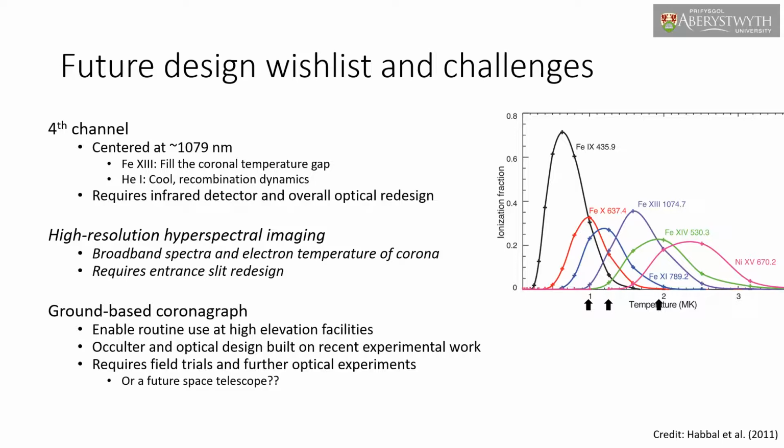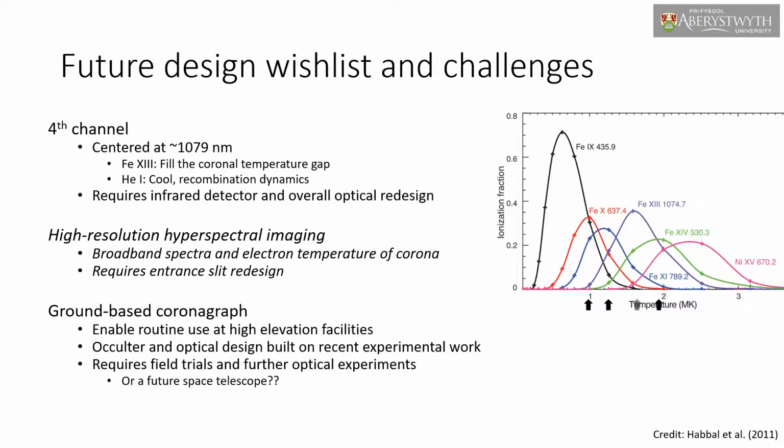There needs to be some spectral range around it, because the idea is that we'll be able to close that temperature gap between 1 and 2 million degrees by measuring iron-13. And we'll also be able to look at cool neutral helium, which gives some unique information about where ion recombination dynamics are occurring within the corona.